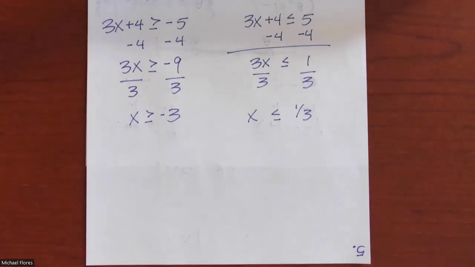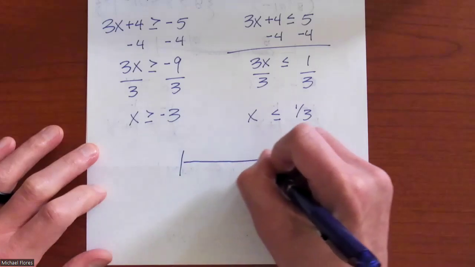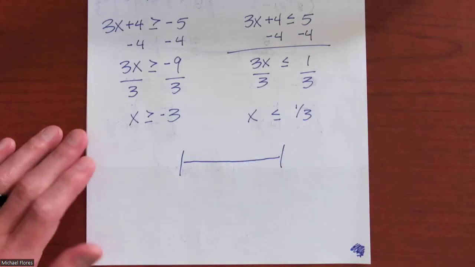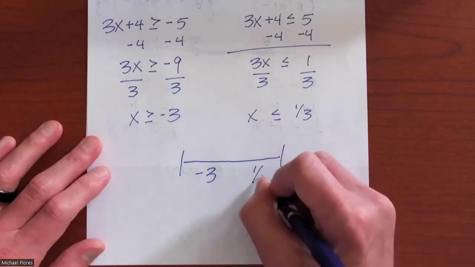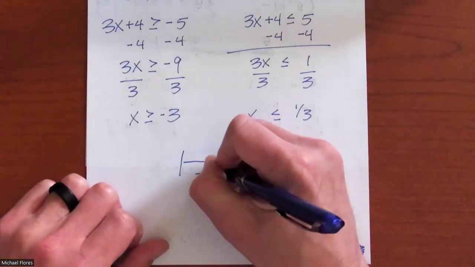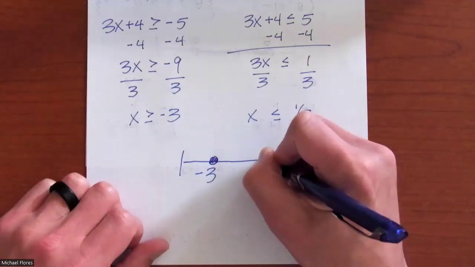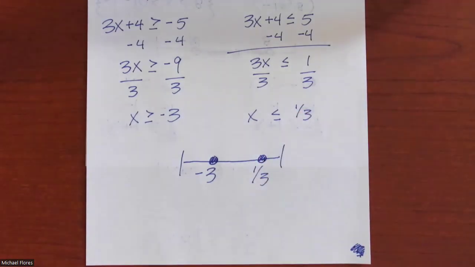Okay, I'm going to draw my number line. Let's write our numbers down from least to greatest. Now, both of these happen to be an equal to statement. And let's figure out what our arrows are going to look like.